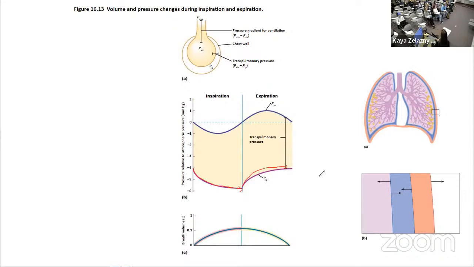All I want you to know conceptually is that the transpulmonary pressure is a result of changes in the intrapleural pressure, caused by changes in the size of the chest wall and the muscles. This is one of our forces for changing the alveolar pressure. We can see this drawn out here: our transpulmonary pressure is just that measure across the wall.